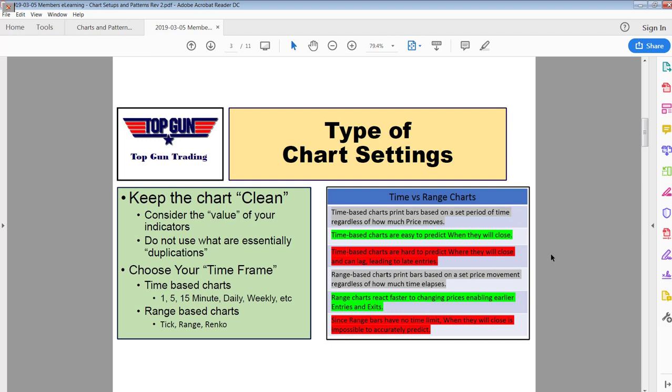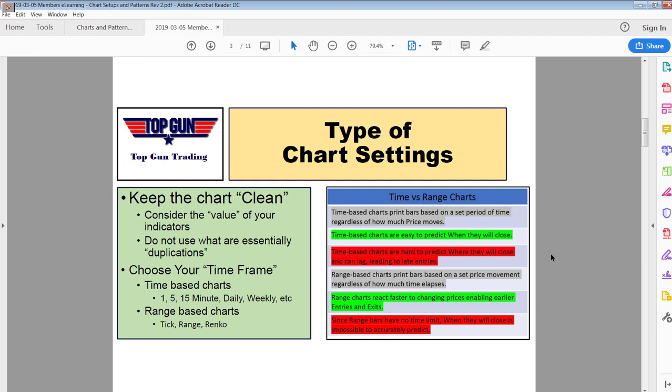I'm always looking to see if I can improve, but I'm pretty much kind of frozen in time. If I've already got an indicator that works well for me, if it ain't broke, don't fix it. I don't try to put in duplicate indicators.